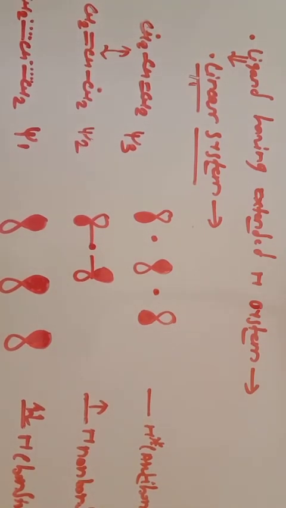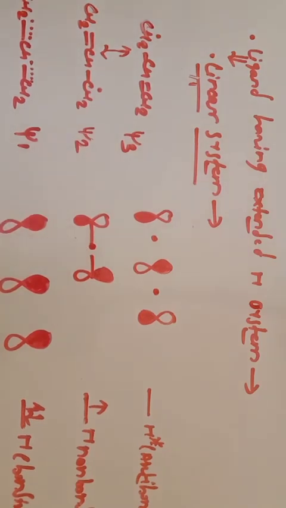So only 2 p orbitals are there in psi 2, because it is a higher energy non-bonding molecular orbital, that is pi non-bonding. In this higher energy pi non-bonding orbital a nodal plane is present, because for psi 2 the number of nodes is 2 minus 1, so there is one node.